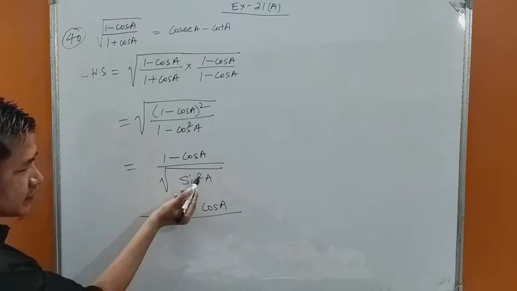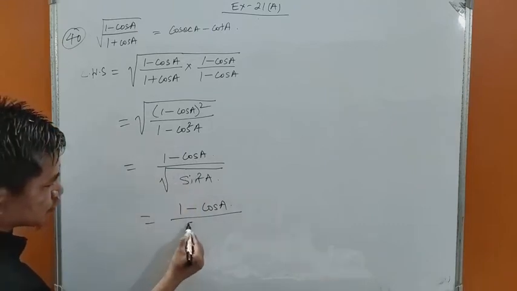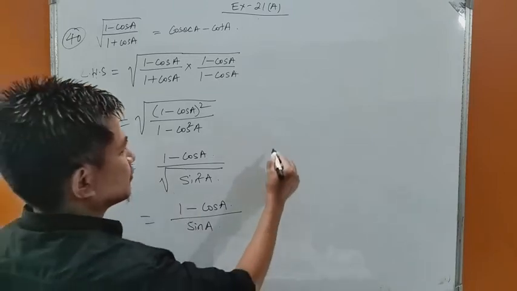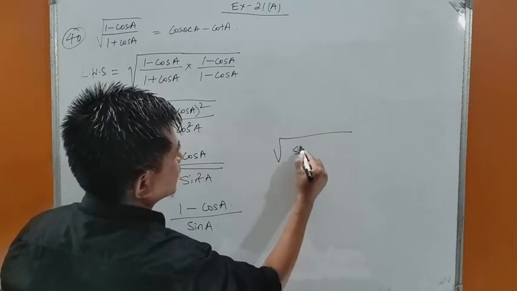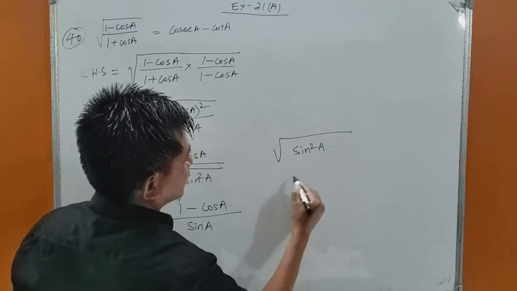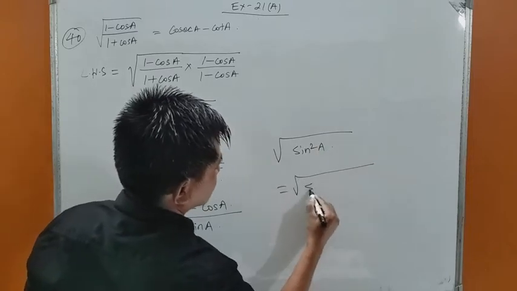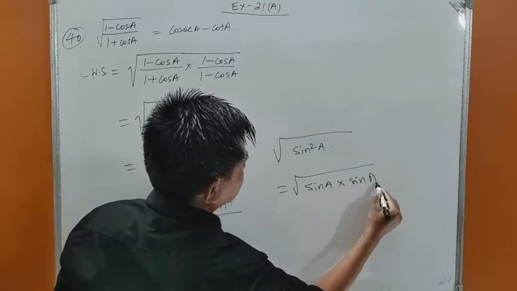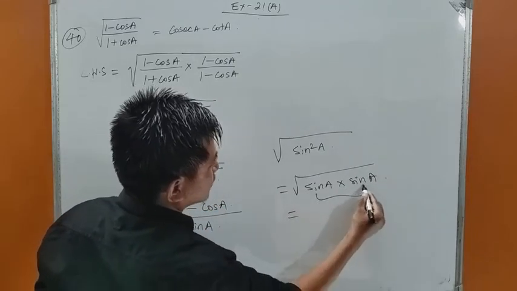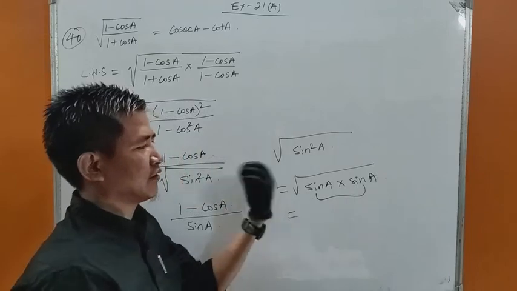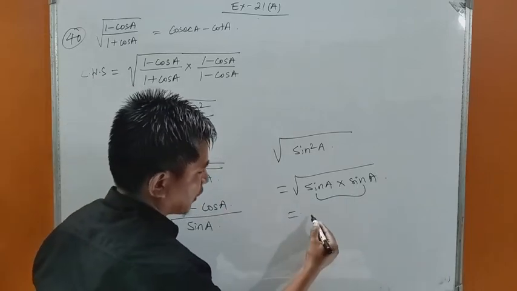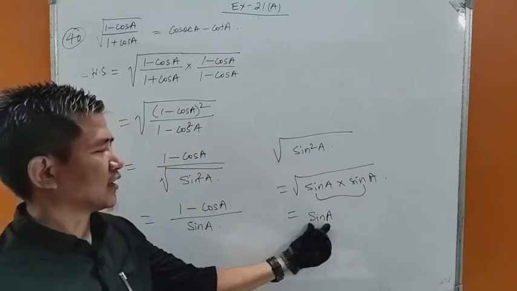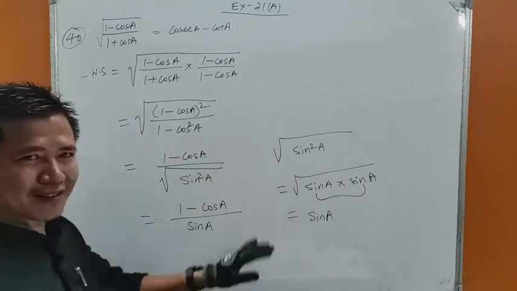Now we can cancel this square and this root, so sin a remains now. Actually let me tell you this, sin square a means root under sin a into sin a. So this sin a can be taken out of the root, making a pair, and simply write sin a. Now this sin a is free from root. Got my point?